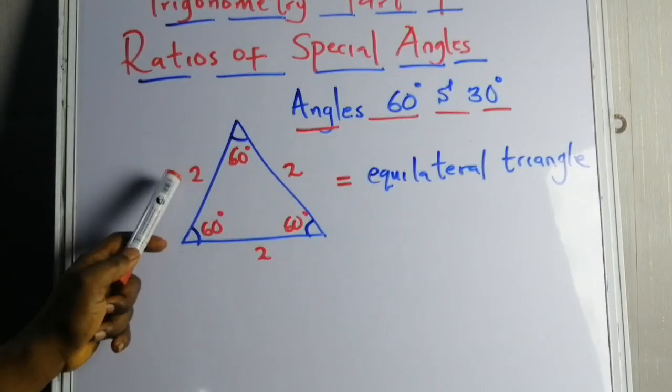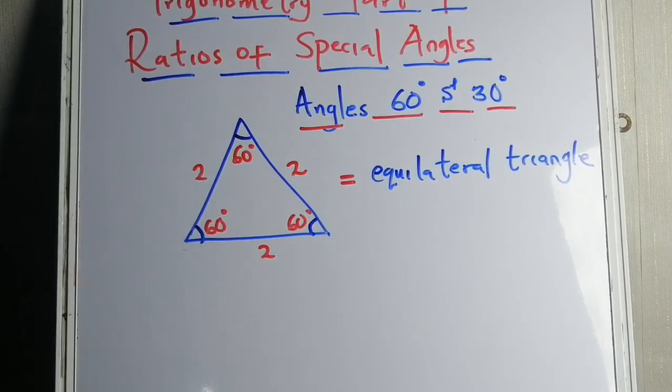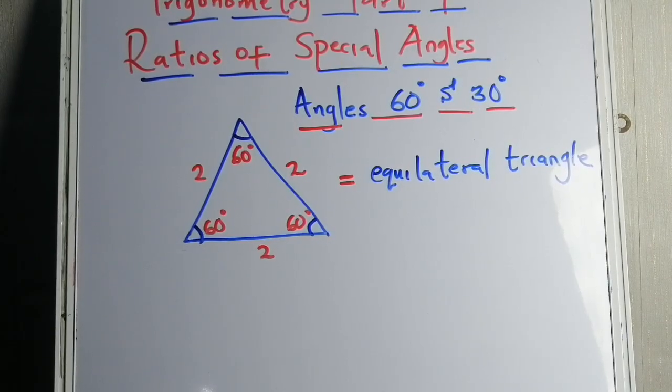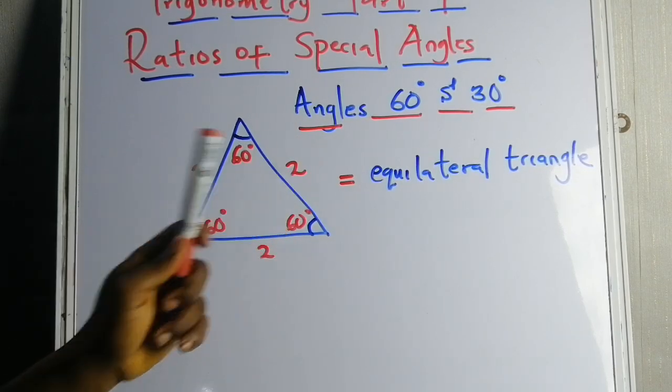But in this case, we're using 2. This is 2, this is 2, this is 2. So, two conditions: the sum of the angles in a triangle is 180, and for an equilateral triangle each is 60 degrees, because it's 180 divided by 3. Now, the sides we're using are also equal.